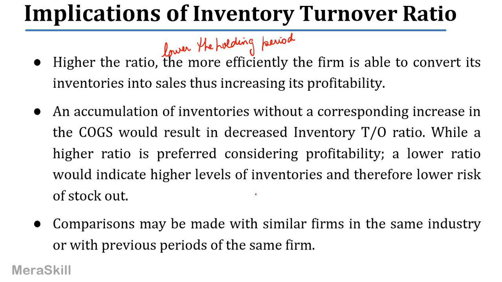Once we arrive at this ratio, we can make comparisons with the earlier period of the same company or with other similar companies in the same industry, to see how we compare. Are we nimble? Are we agile? Are we able to turn over our inventories quickly into sales?